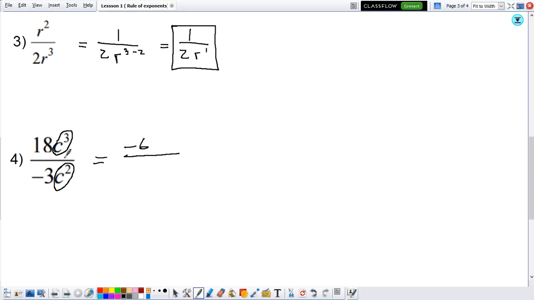They have the same base, so we can subtract the exponents. But where is the highest exponent located? The highest exponent is on the top, so that's where the subtraction is going to take place. c, 3 minus 2. And again, we can put it over 1 if everything in the denominator is brought to the top. So now we have negative 6, c to the first, over 1. But we don't really write that over 1, so it's just negative 6, c to the first.